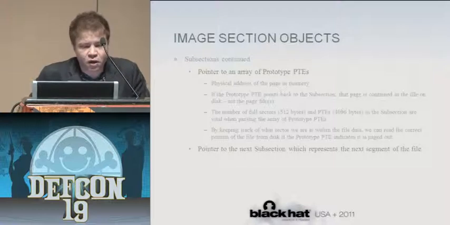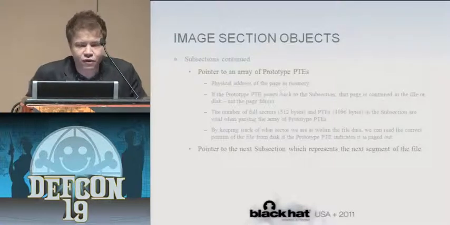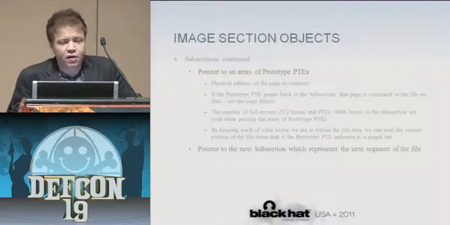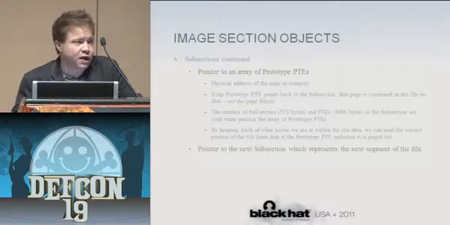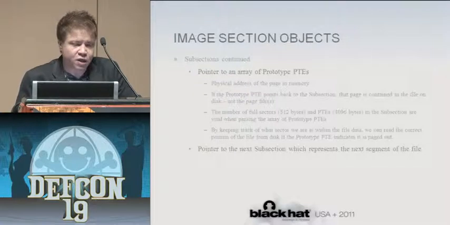So these subsections, they'll contain an array of prototype PTEs. This is the crux of the data that we have to parse in order to get the binary out of memory. So the prototype PTEs contain the physical address of each memory page in physical memory, right?